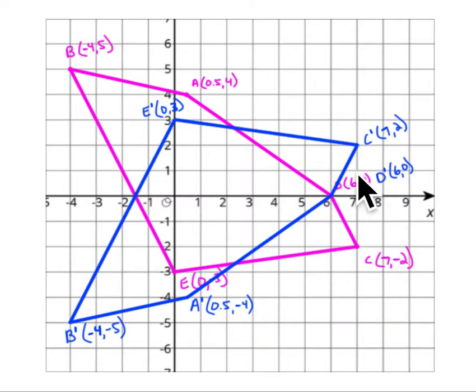So here's that image reflected, and notice that the pink is the original image, the blue is the reflected image. And remember, we call those corresponding points, we label them with this symbol called prime. So this is A prime, B prime, C prime, D prime, and E prime.